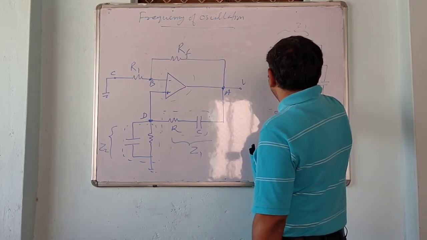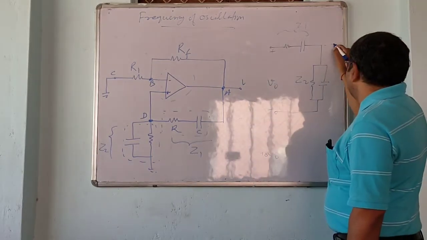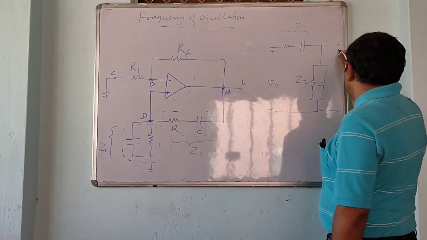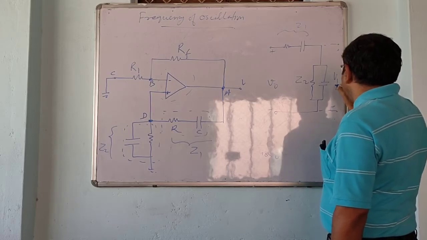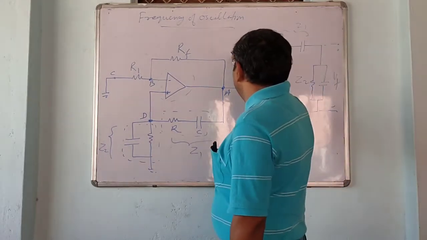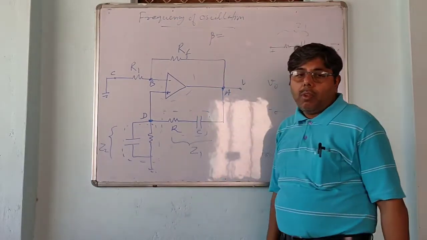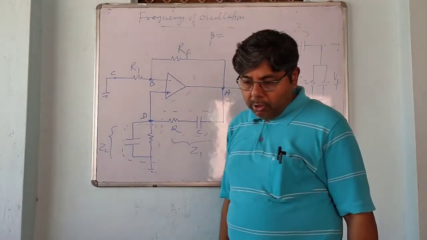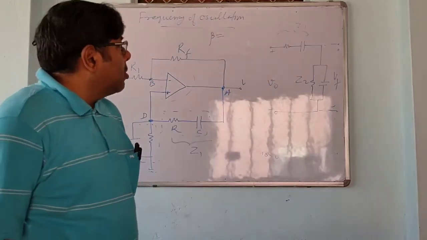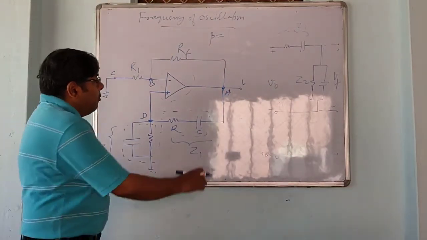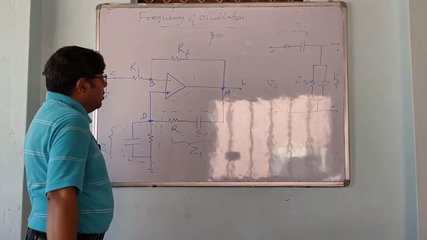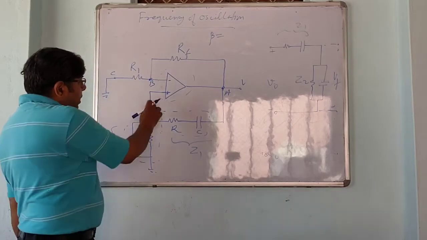This is V0, and this is the feedback. So what is the feedback factor for this? Feedback factor is the output fed back to the input. What is the feedback signal?